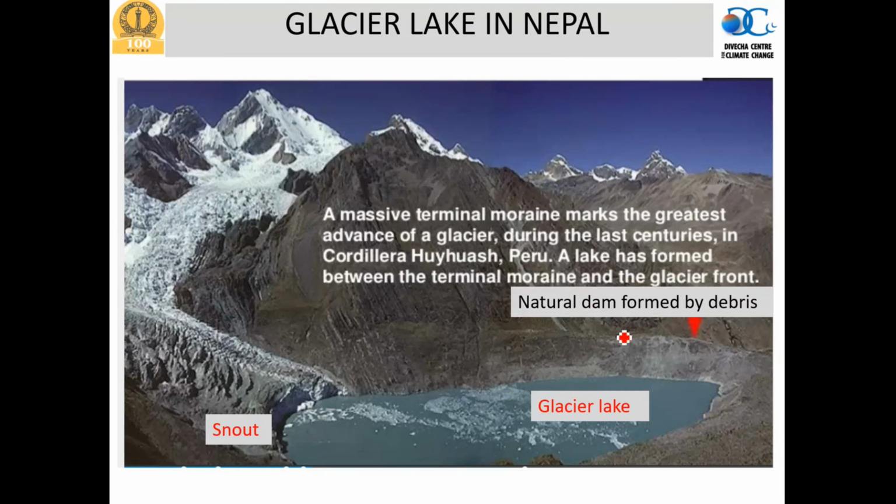This is a massive terminal moraine. You can see this is a natural dam formed due to the terminal moraine, the glacier has retreated, and this is a glacial lake, and this is the snout of the glacier, and this is glacial ice. So the glacier is flowing like this. This kind of huge lake can form, and they are being studied in Nepal.